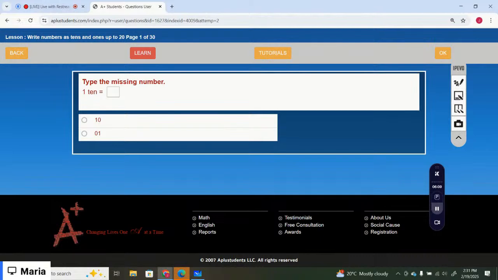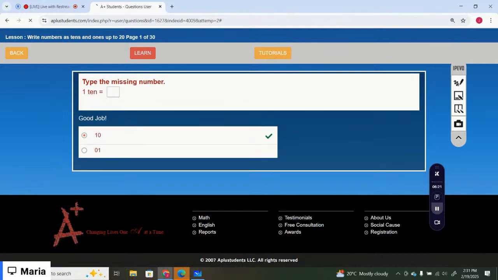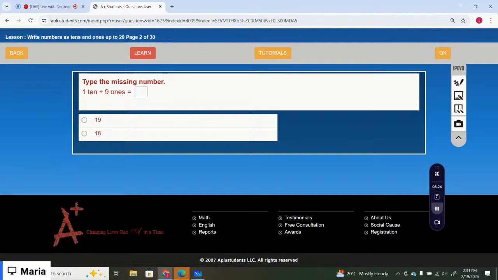Type the missing number. 10 means 10. Option number 1 is the correct option. Type the missing number: 10 and 9 ones.